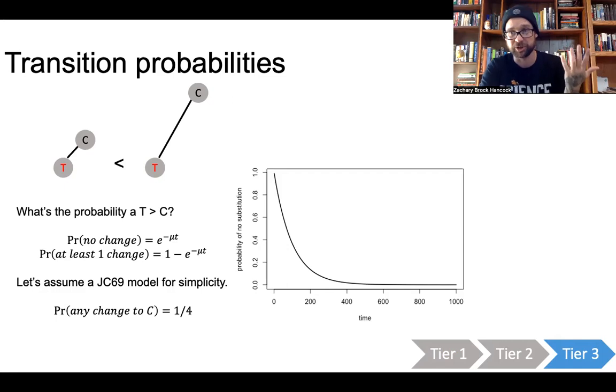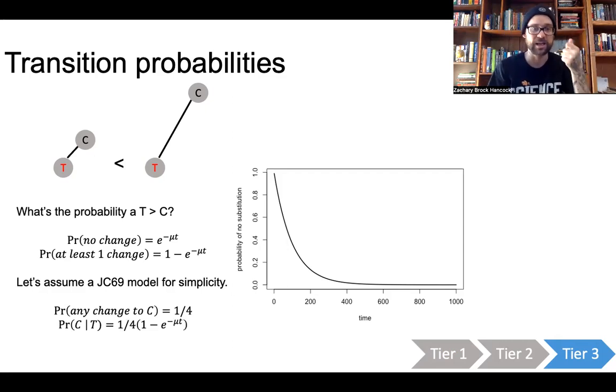So assuming the Jukes-Cantor 69 model, the probability of any change to a C is 1 over 4, because C is 1 out of 4 possible nucleotides. The probability of changing to a C, given that you started as a T, is 1 out of 4 multiplied by the probability of at least one change.